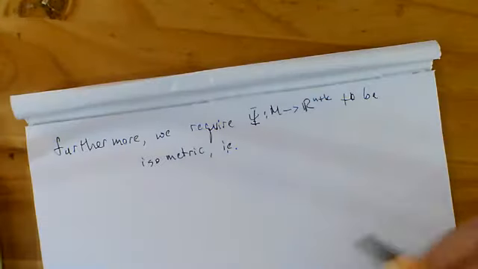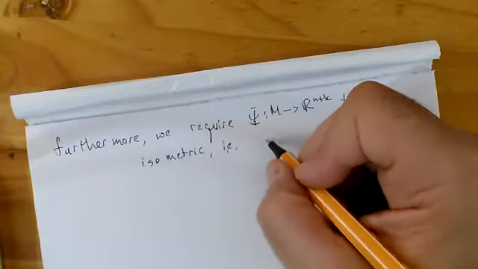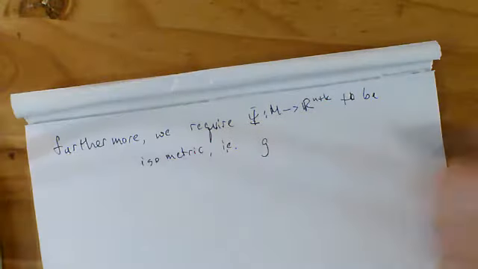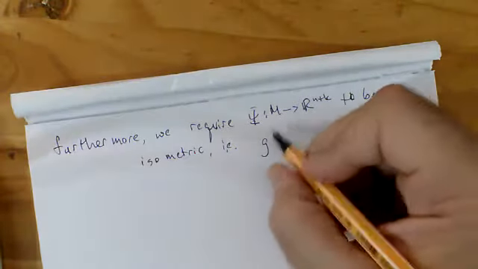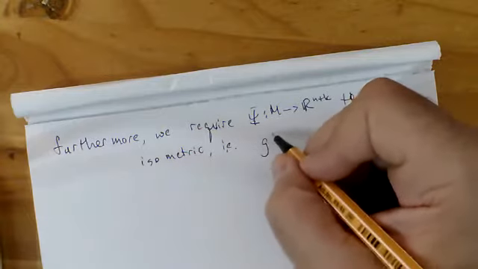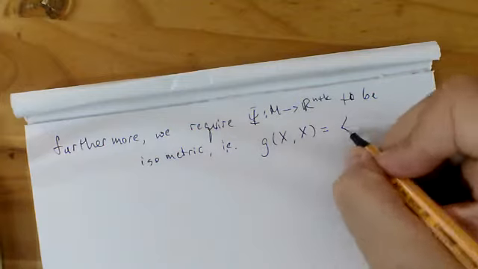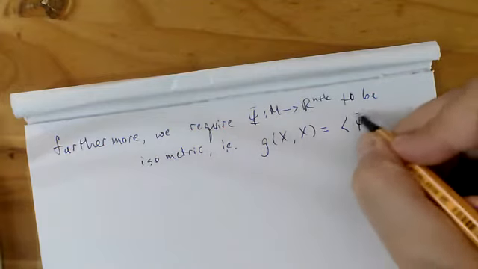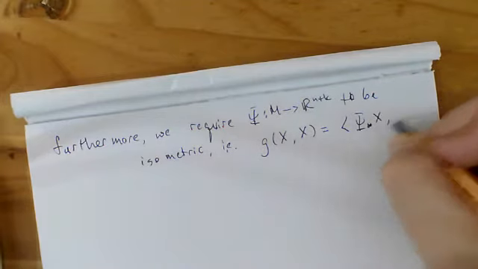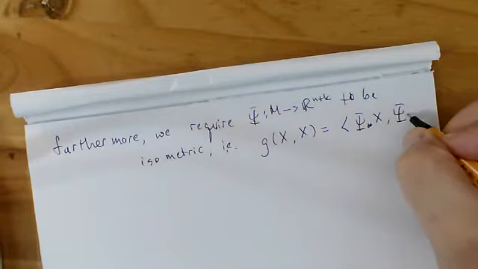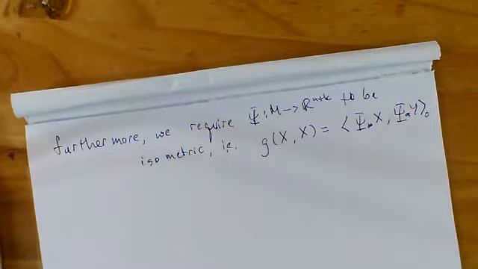And what do I mean by that? I mean that the metric applied to any pair of tangent vectors is just the Euclidean metric applied to the push forward.